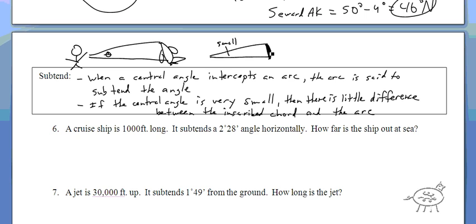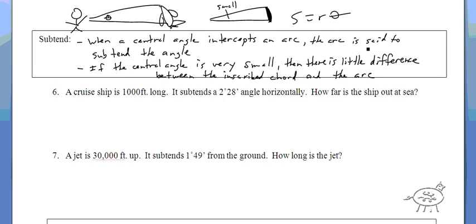It's kind of all the same stuff. So that's why I can use S equals R theta. It looks like a straight line, because isn't that what a plane is, a straight object, and I can treat that as curved. That's why I can use S equals R theta. That's what subtend is.